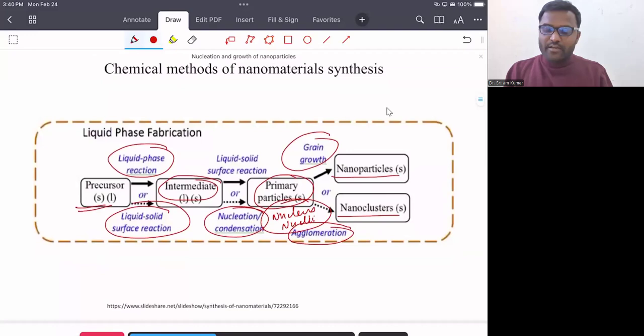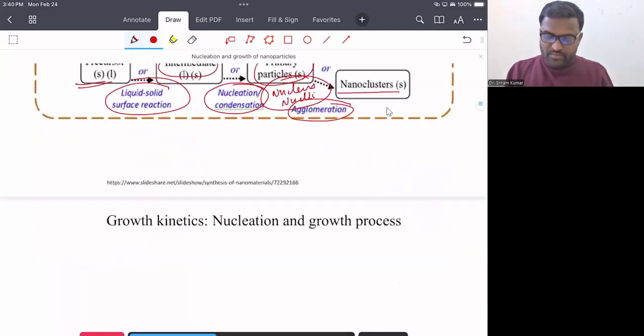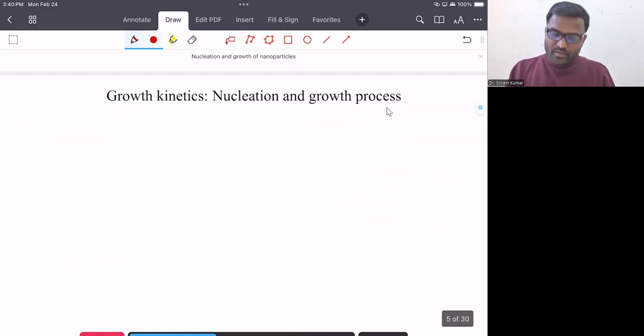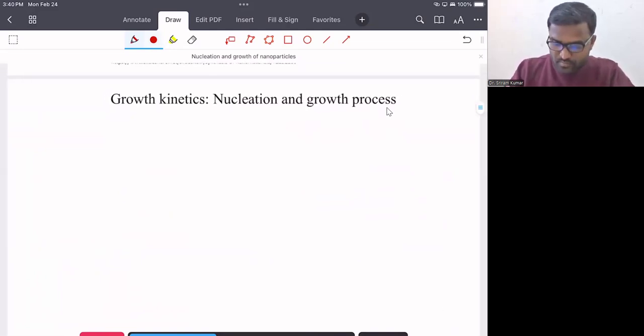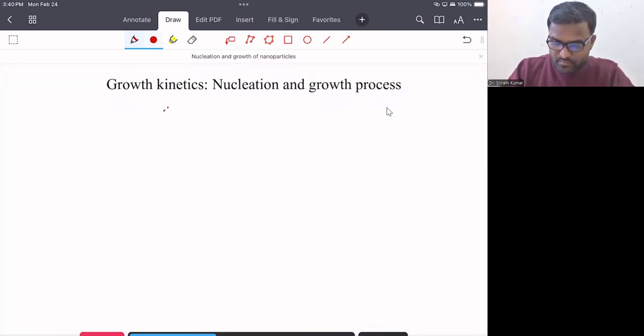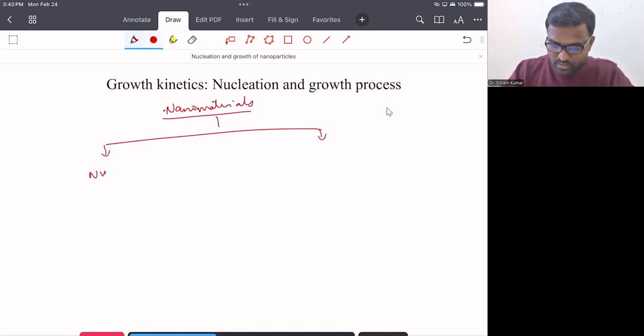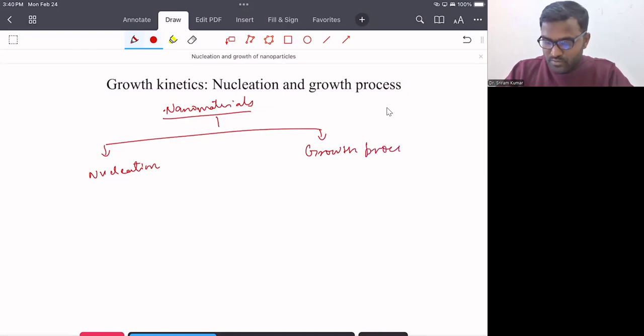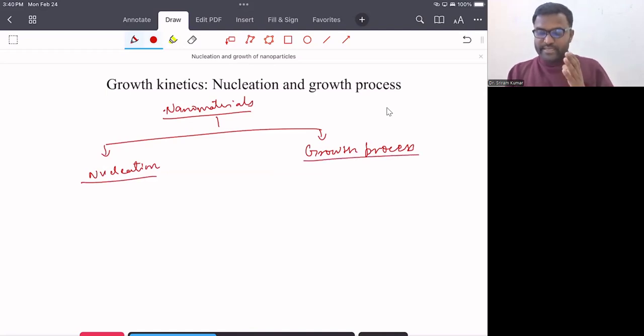In nanomaterial synthesis, we have two key important parameters: one is the nucleation process and the other is the growth process. Now let's understand the nucleation process and the growth process in detail.